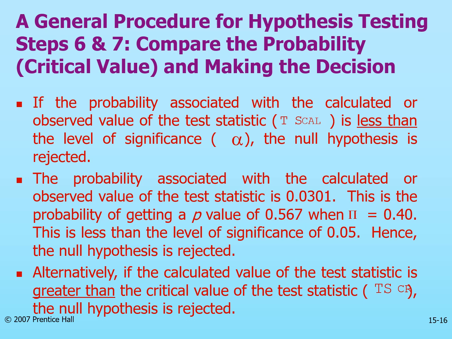The probability associated with the calculated or observed value of the test statistic is 0.0301. This is the probability of getting a proportion of 0.567 when the hypothesized probability is 0.4.